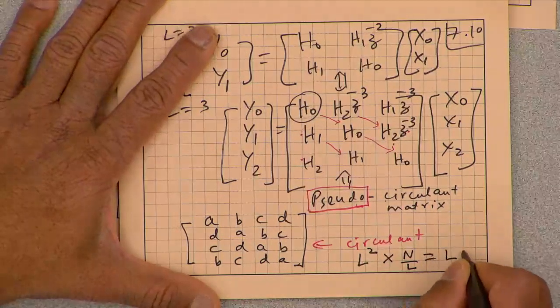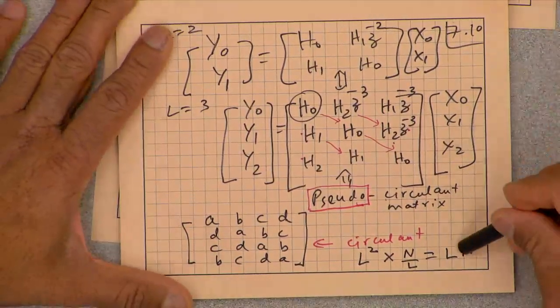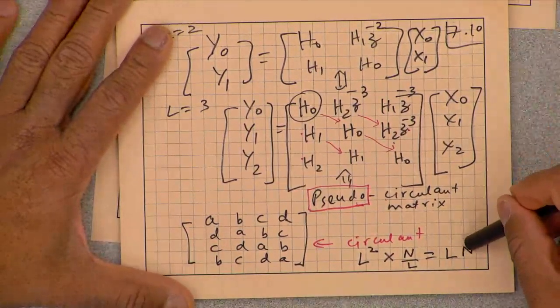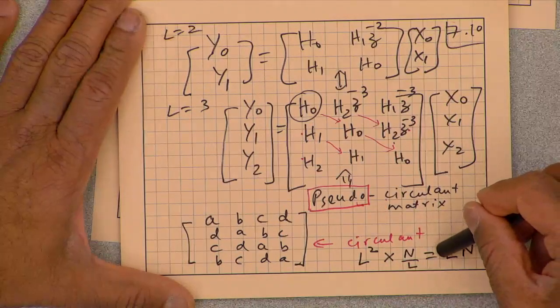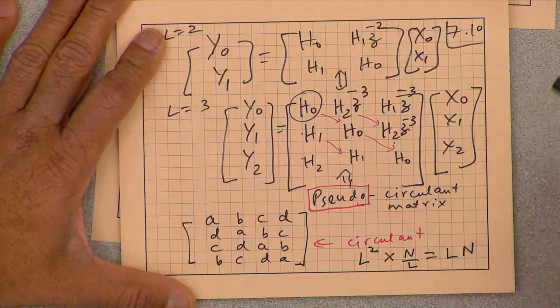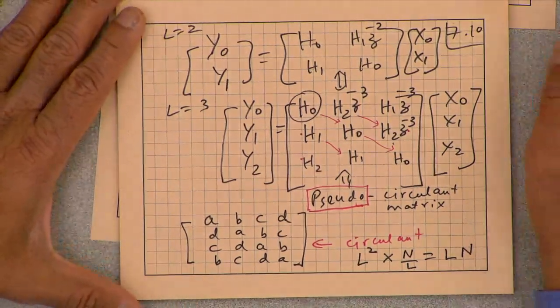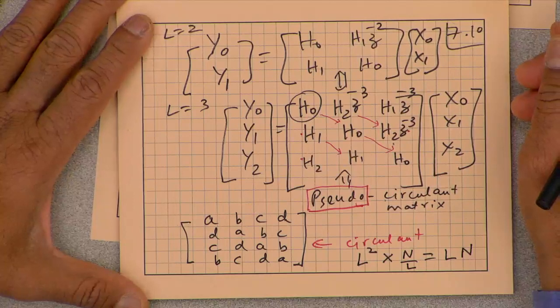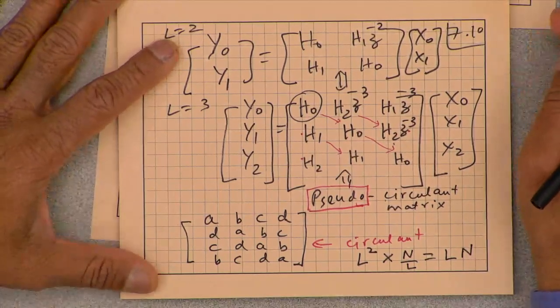Total number of multiplications is L times N. That's what we would expect. You take the data path that has N multiplications, replicate it L times, so the number of multiplications is L times N, which grows linearly with respect to the level of parallelism.